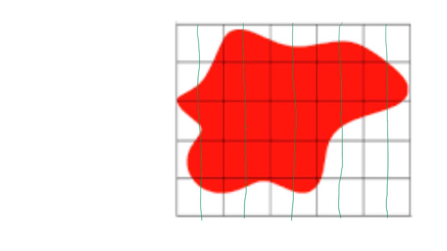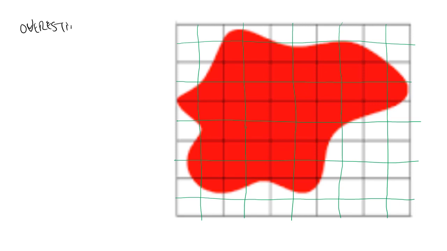Effectively, I'm going to be working with a smaller box size. I can't talk and draw these lines at the same time. And there. Okay. Now I'm going to use the same method that I used before. I'm going to do my overestimation in black, and then I'll do my underestimation in blue.